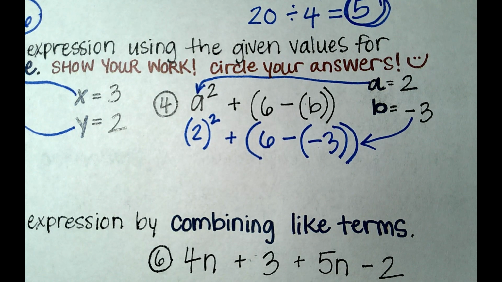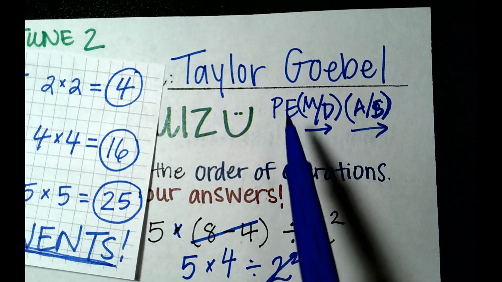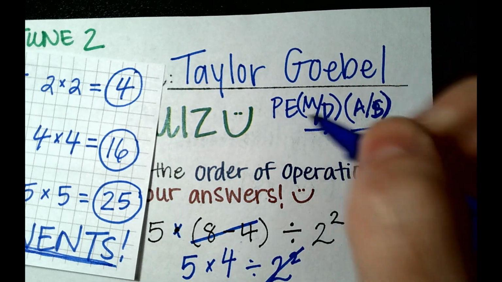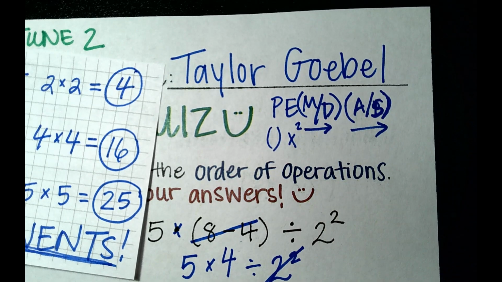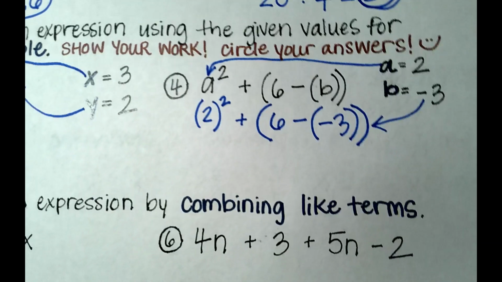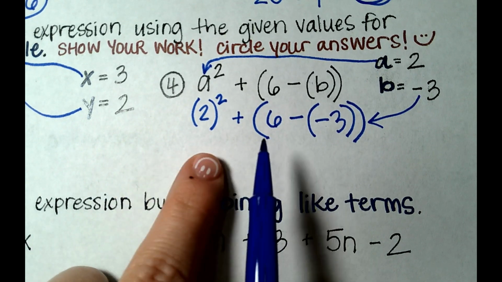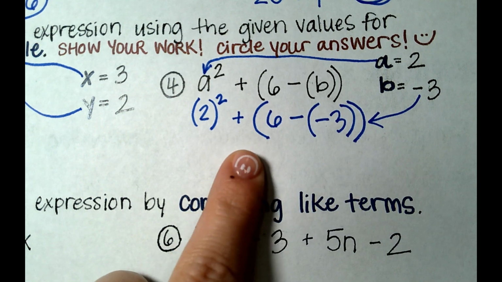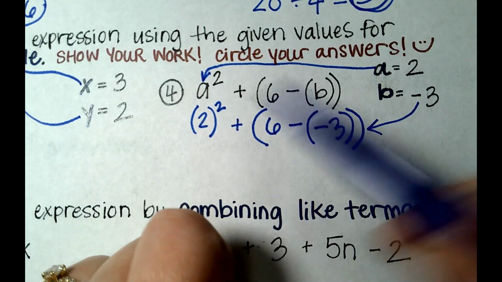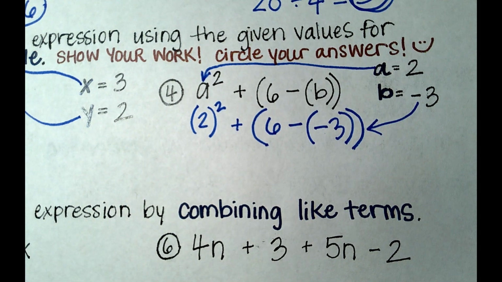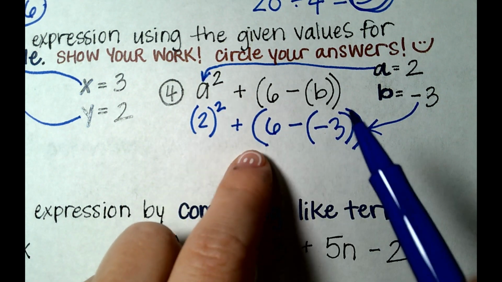What comes before exponent? Parentheses. We have to do parentheses first, then exponents. Do we have anything in parentheses? Yes. 6 minus negative 3. Now this one, go way back to day 1 where we talked about subtracting numbers with different signs.